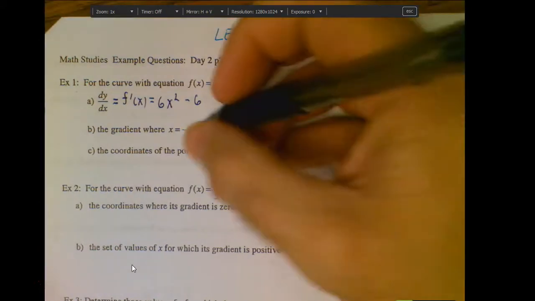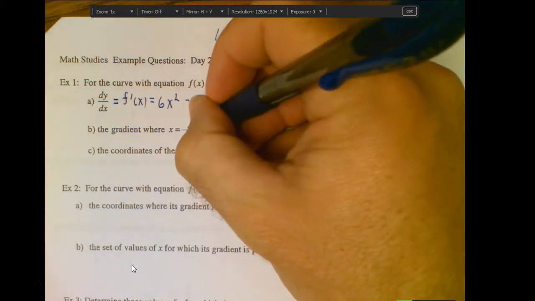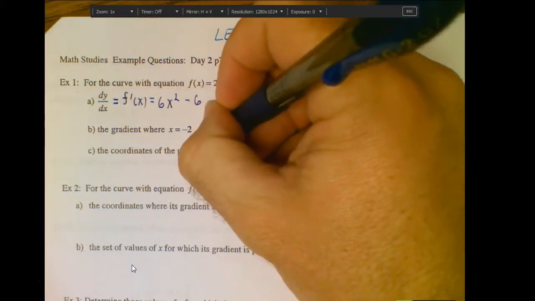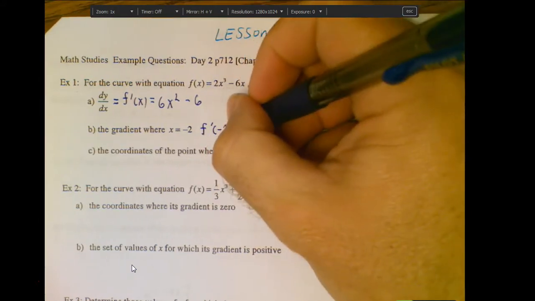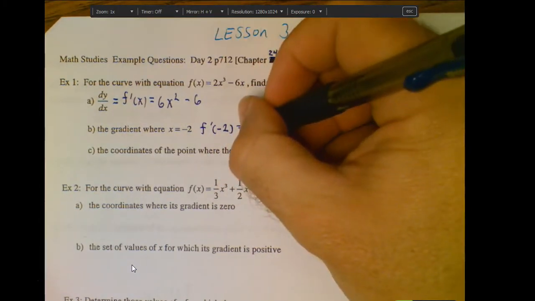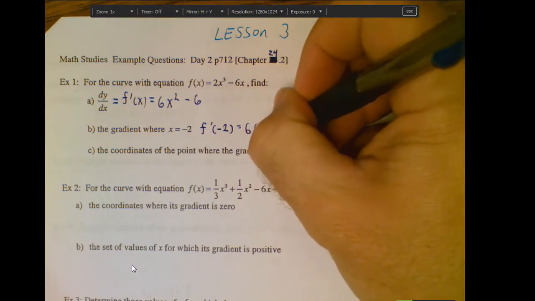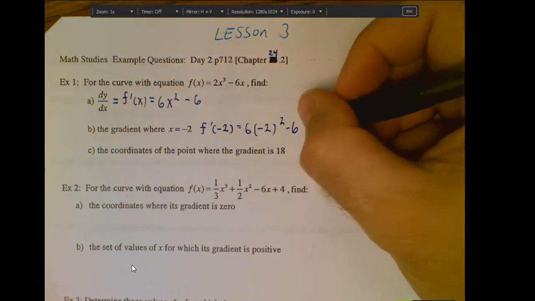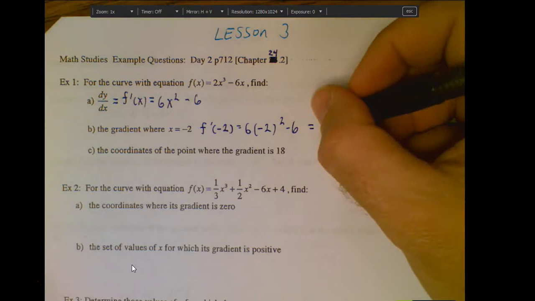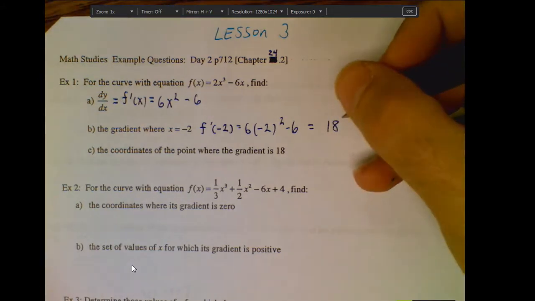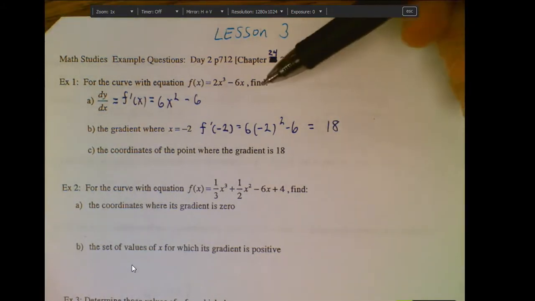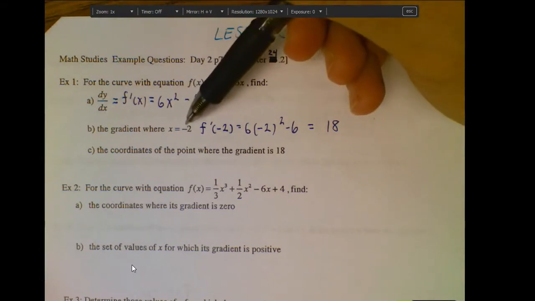Well, let's plug that into our derivative. So f prime of negative 2. Replacing our x with negative 2 in the derivative would look like this. And if we do a little cleanup on that, should come out with 18. So remember what we have now at this point is we have an x coordinate of negative 2.